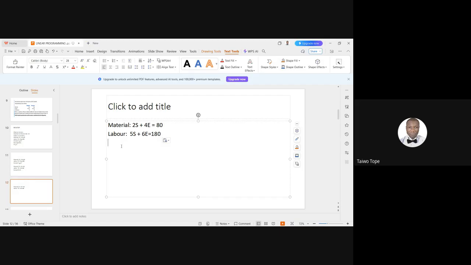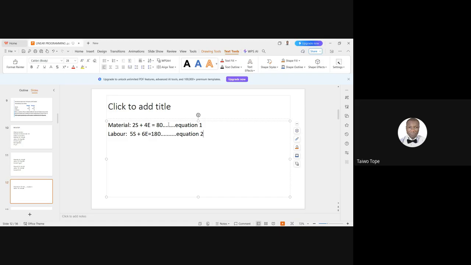So if material is equation 1 and labor is equation 2, to get the value of S and E in equation 1 and equation 2, what are we going to do?